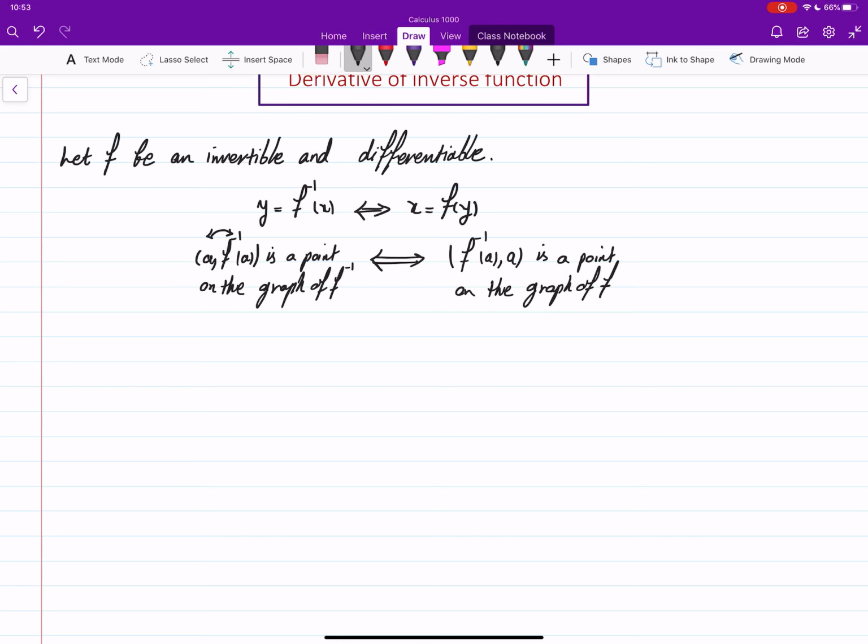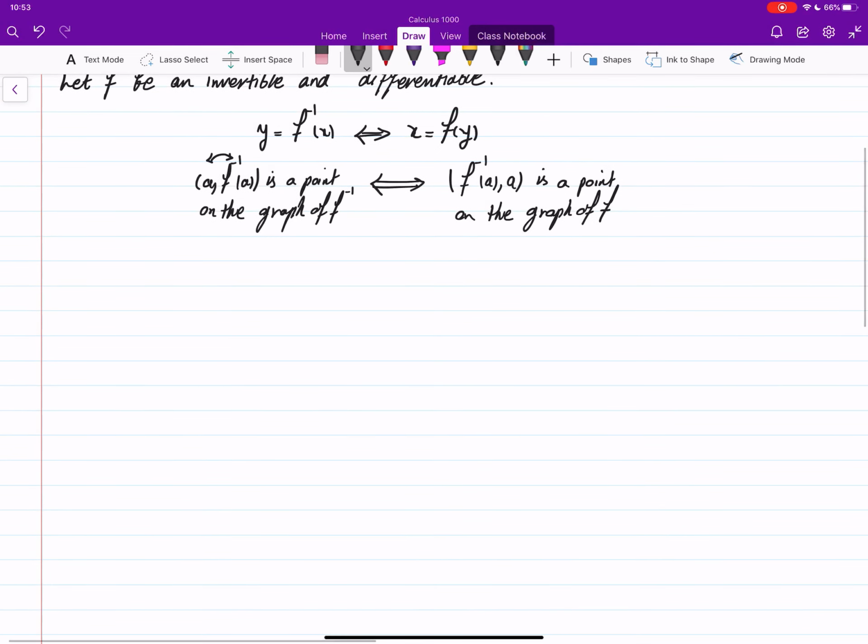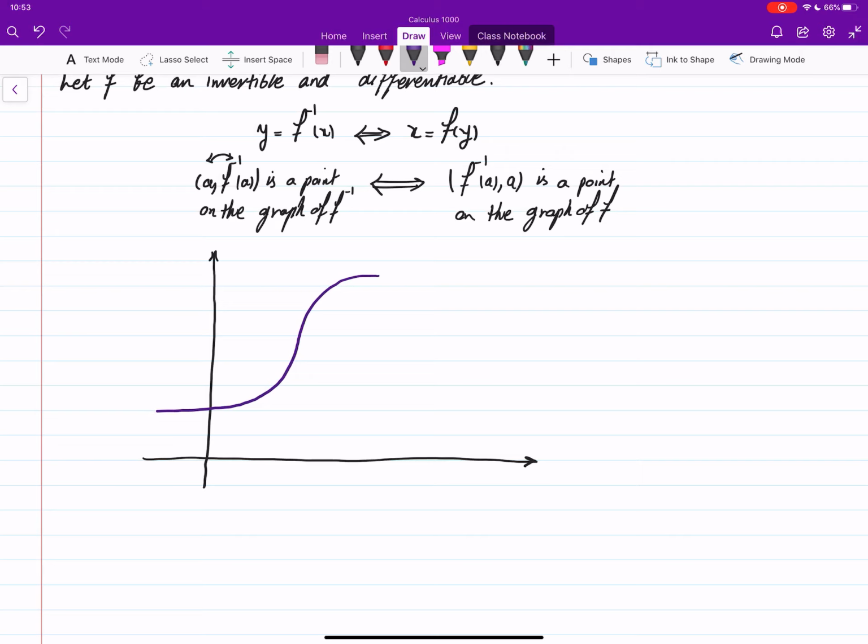And this right away gives me a very interesting fact: if I know the graph of f, let's say this is the graph of f, then I can find the graph of f inverse by reflecting the graph of f with respect to the line y equal to x.